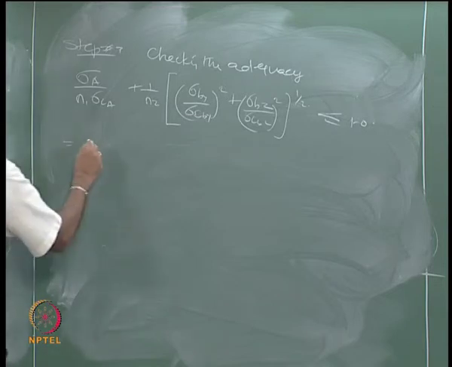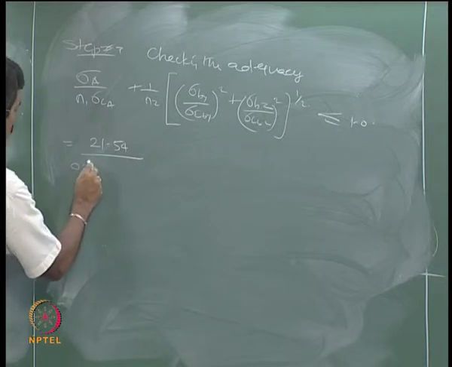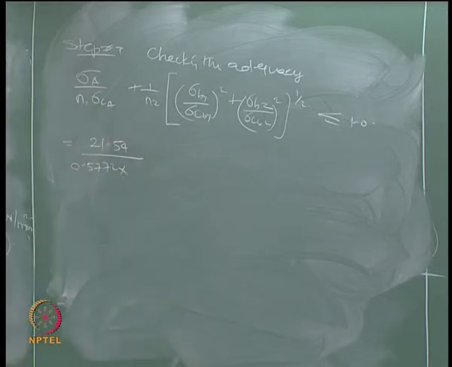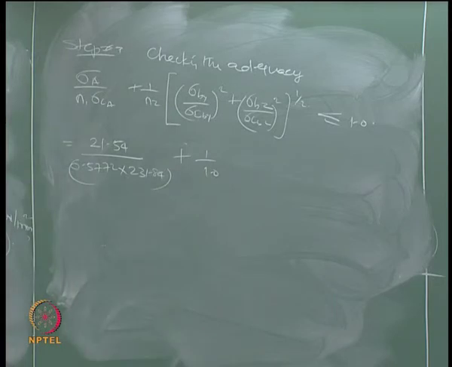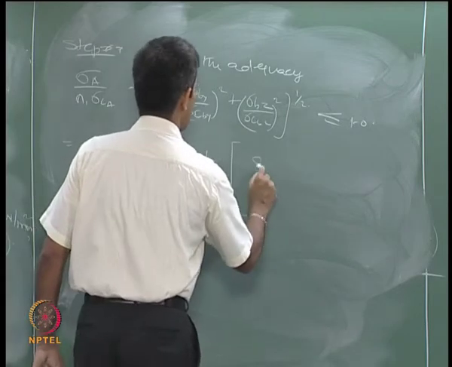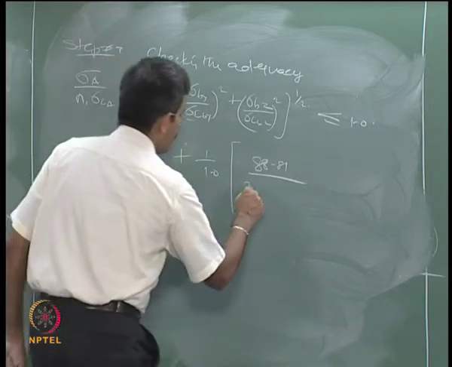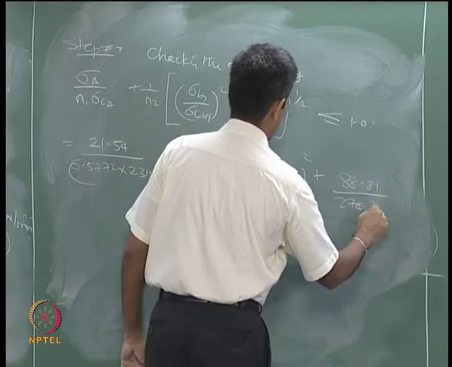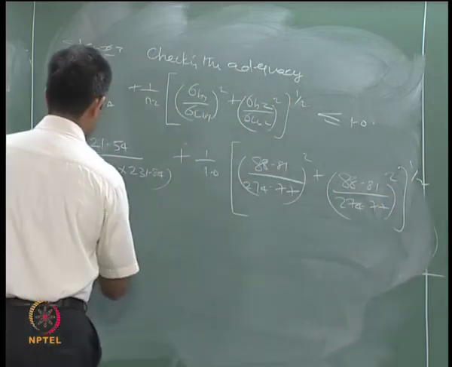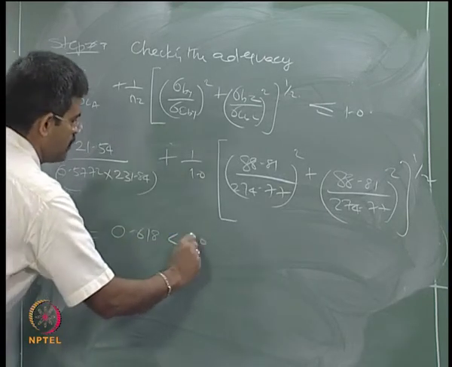So let us substitute: 21.54 by N1, which we already computed, 0.5772, of sigma Ca, which we already computed in the last step as 231.84, plus N2 taken as 1, 88.81, sigma By, which we already computed. Substituting these, you get 0.618, which is less than 1.